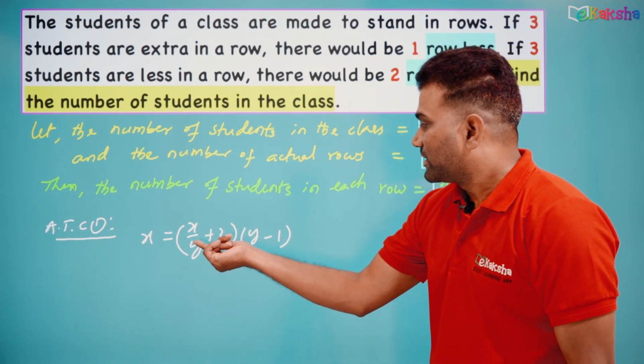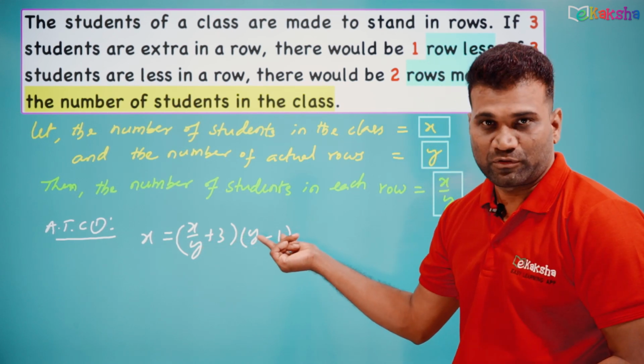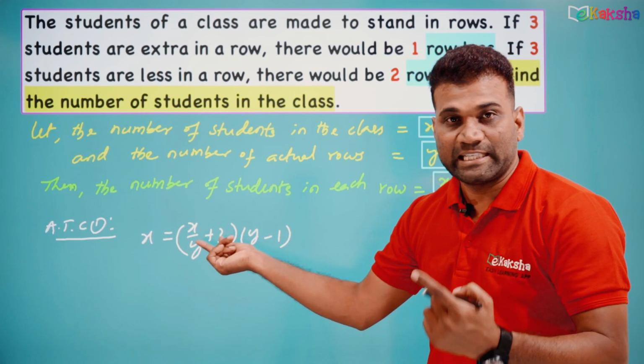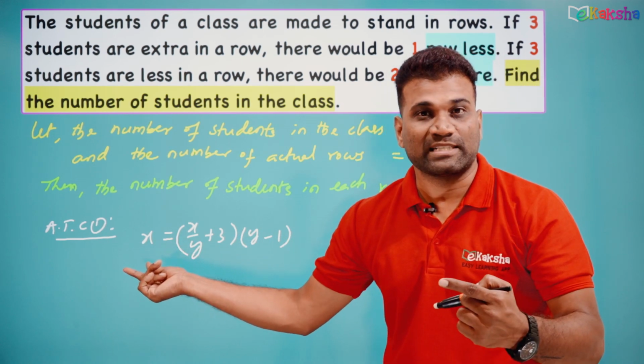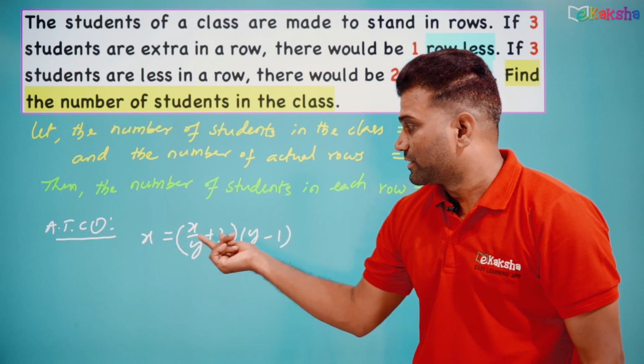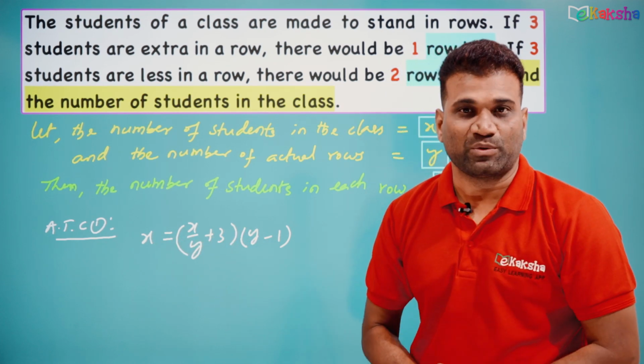So this is the number of students in each row and the number of rows. Number of students in each row into number of rows gives the total number of students, right?